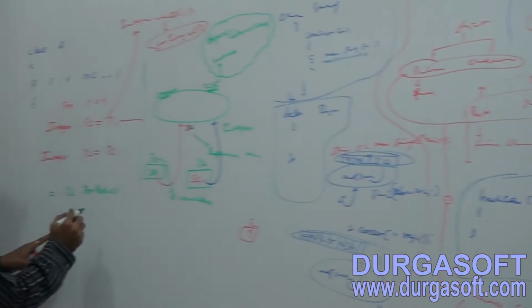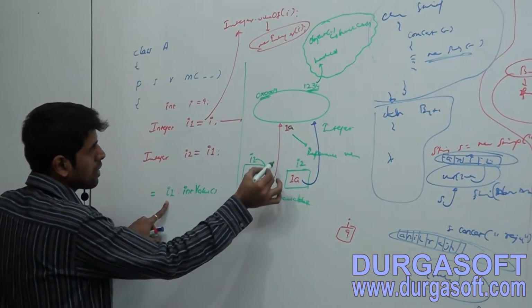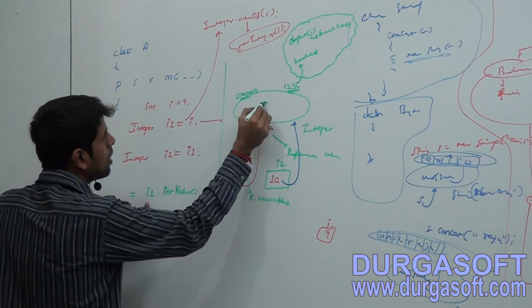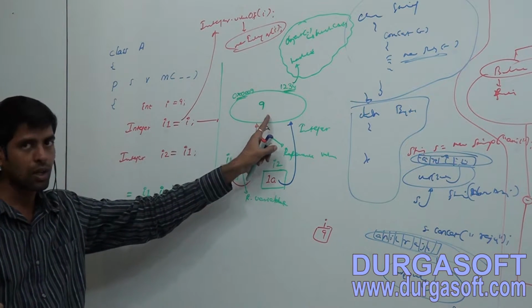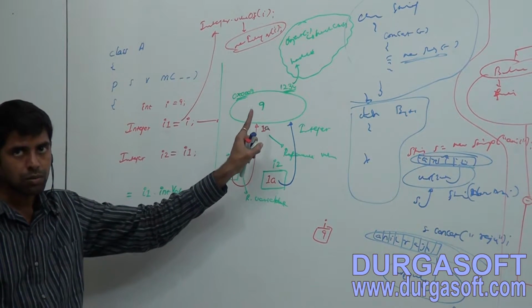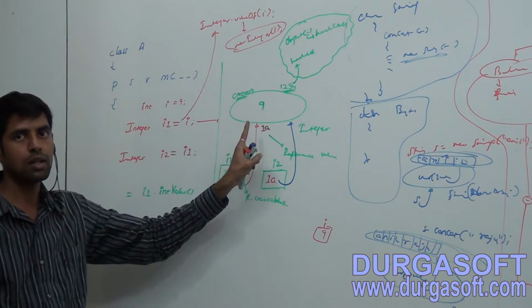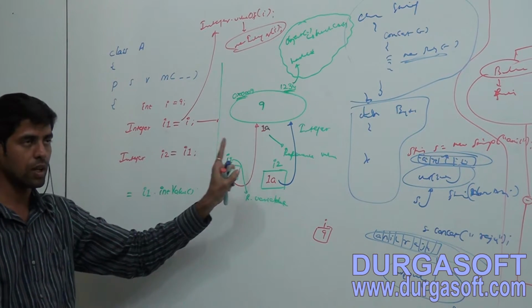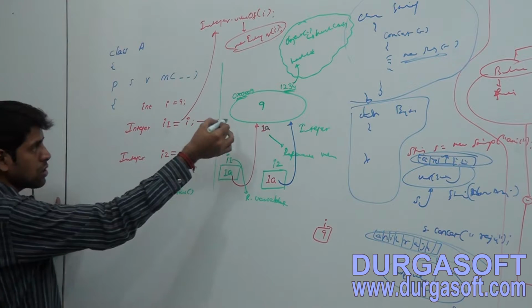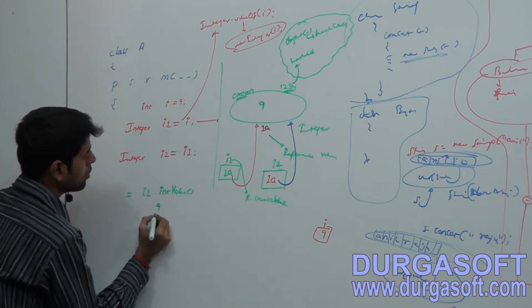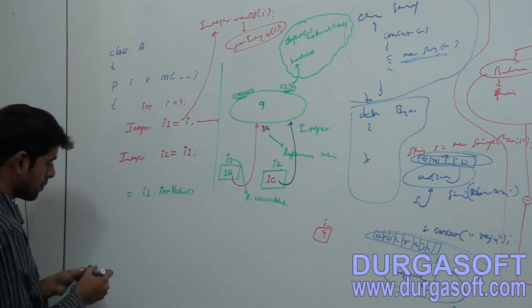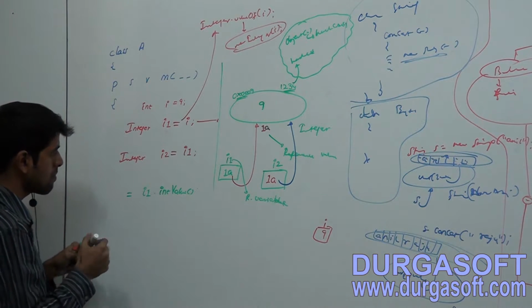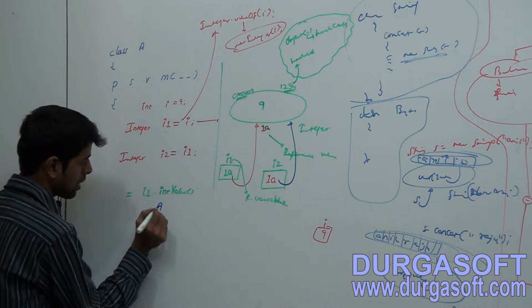Now I1 is referring to one object whose data is what? 9. I'm sorry, I forgot to put this 9 here. So the I1 object data value is 9. Now it will convert this object data to the primitive int, this 9 to the primitive 9.